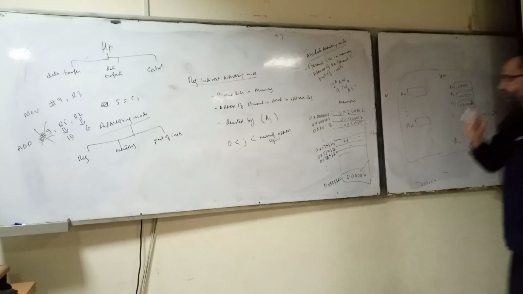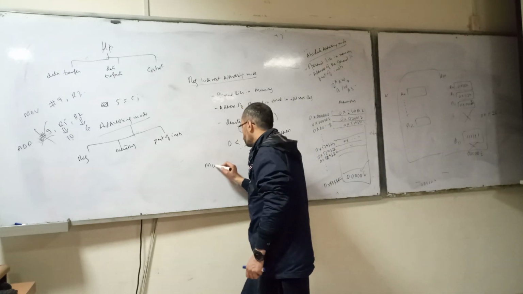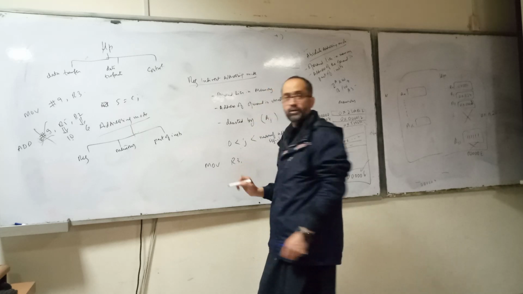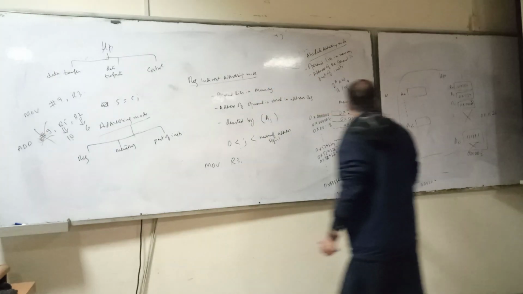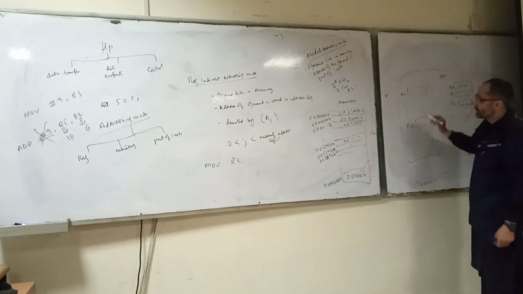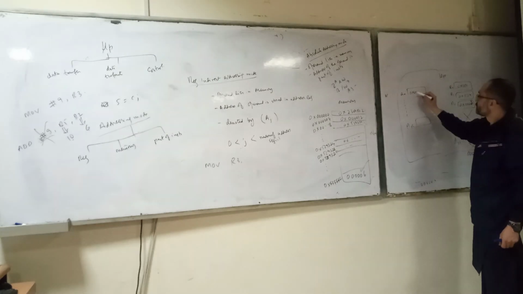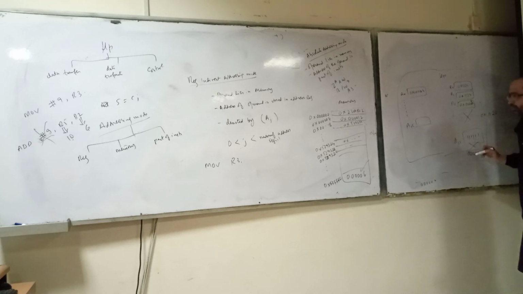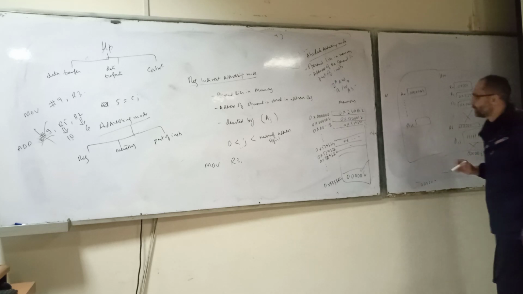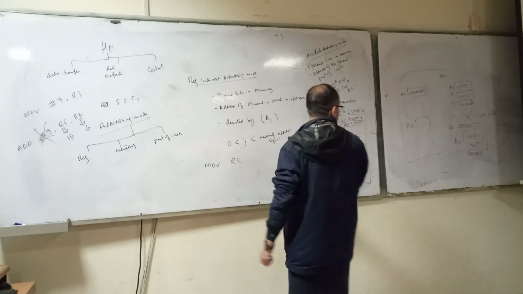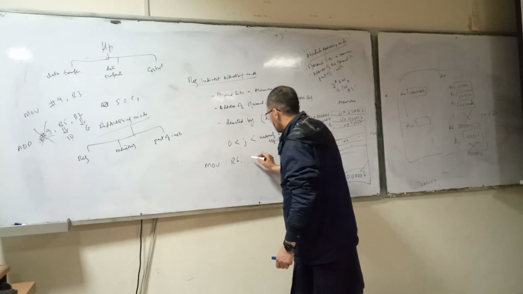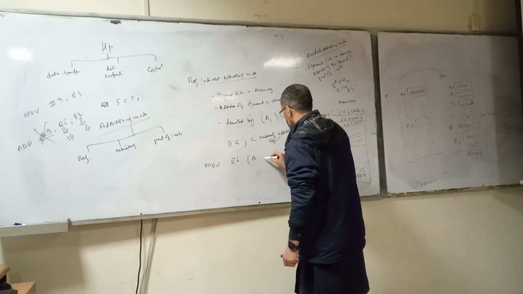Now if we say move R3, let's do R6, and A0. A0 is 0x00000004. Let's say the old contents of R6 is 0000111. So, move R6, A0.